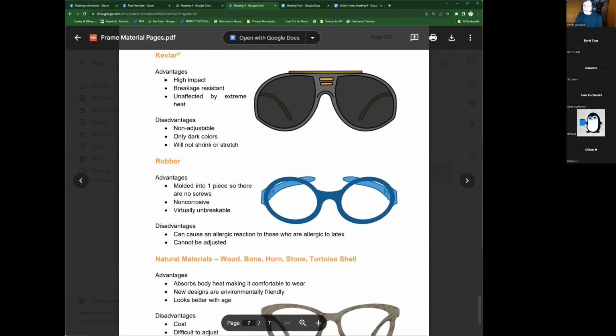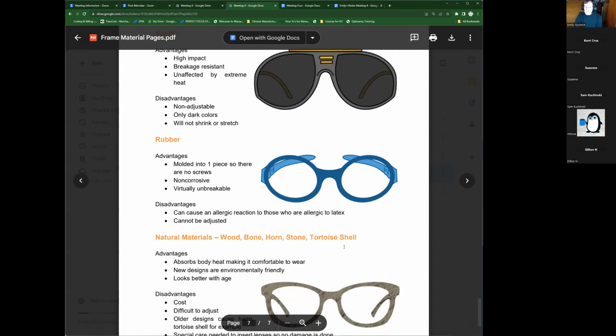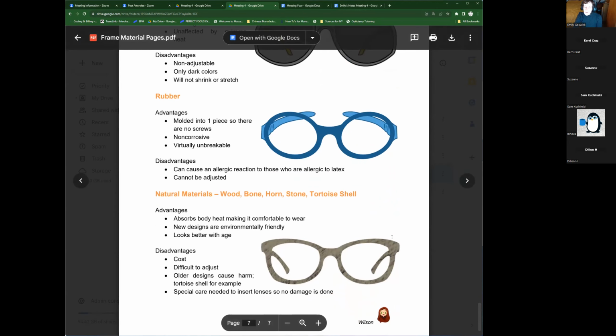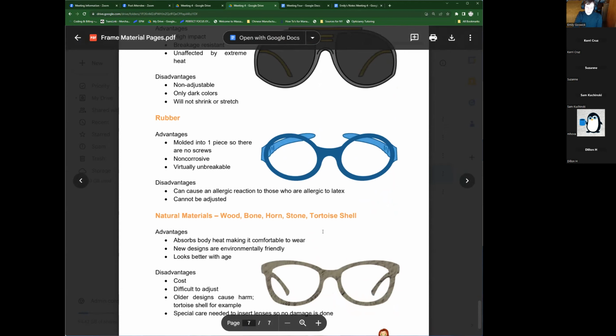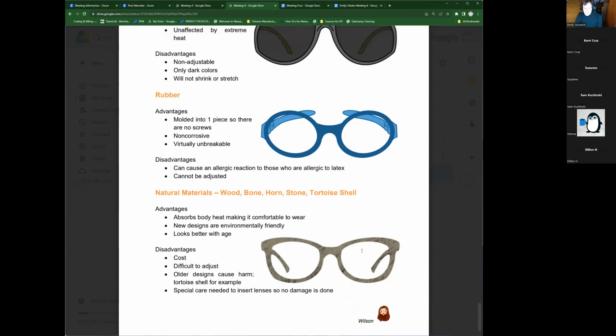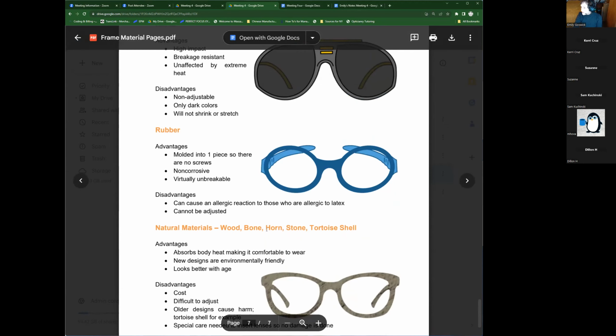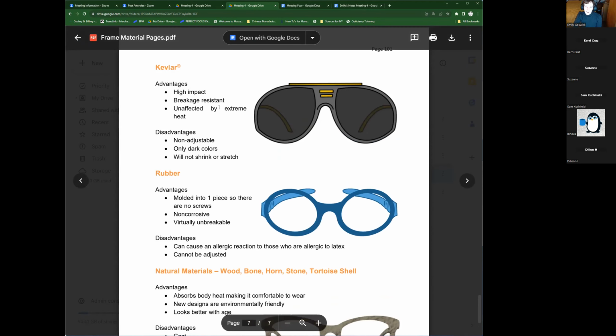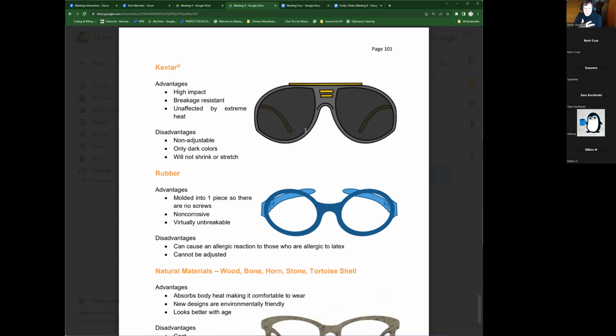So last, I think we spent a little bit of time talking about some of the natural materials, the stone, the buffalo horn, definitely something you would see in a higher end optical shop or a niche manufacturer. Kevlar, I always think military, army, Kevlar vest when I think about that.